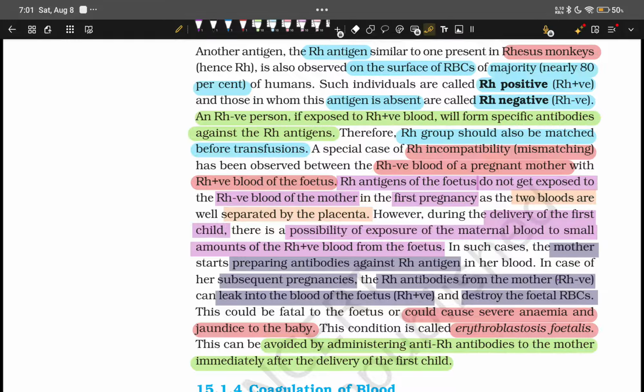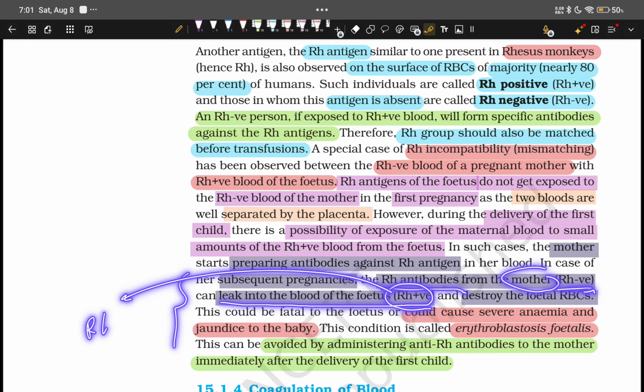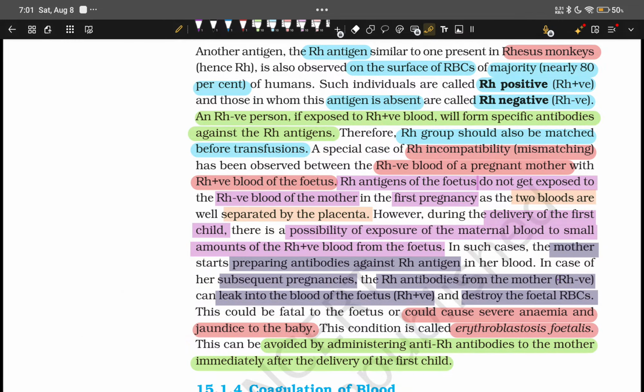How? Because in subsequent pregnancies, what will happen? Rh antibodies from the mother, who is Rh negative, can leak into the blood of the fetus, which is Rh positive. The Rh-positive fetus has the Rh antigen, and the mother has antibodies against the Rh antigen, so if they come in contact in the subsequent pregnancy, that will destroy the fetus's RBCs, and the fetus will have anemia.